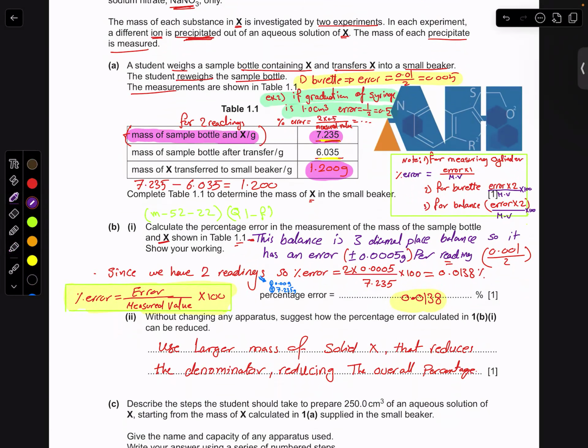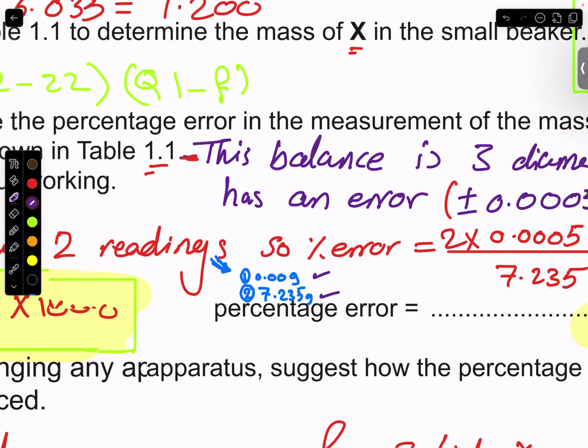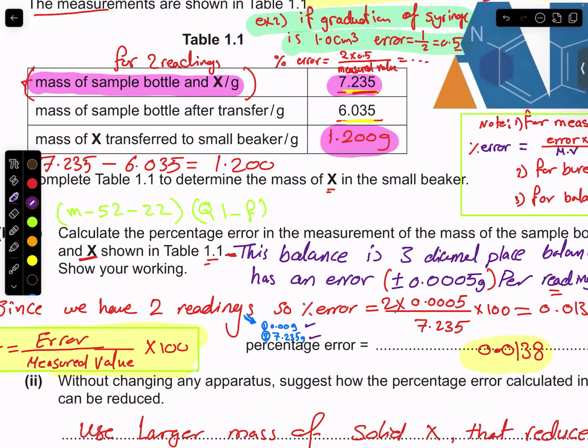To get this reading, we make the balance read 0 at the beginning, then we measure the mass. So we are taking 2 readings: the first reading is at 0, and the second reading is at 7.235. So we multiply the error by 2.